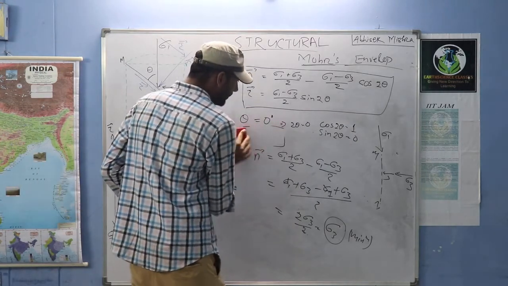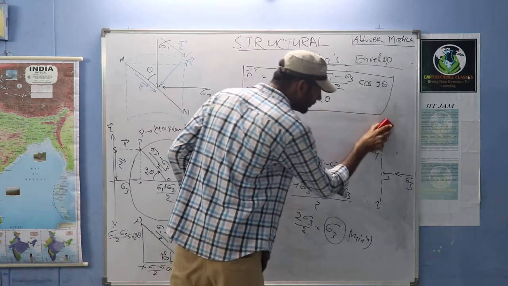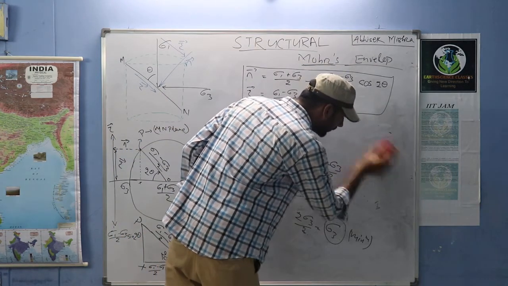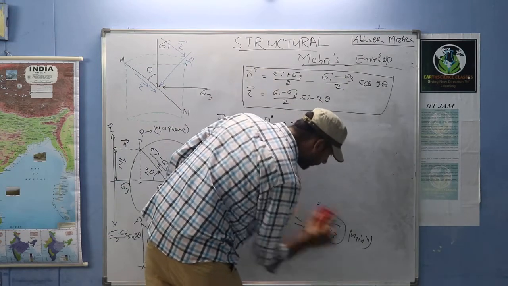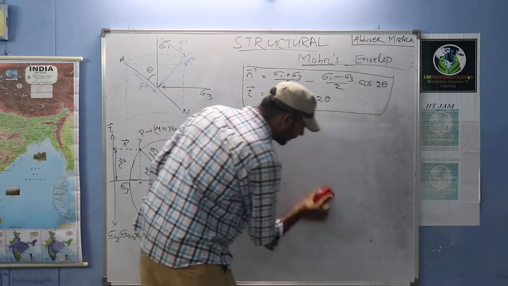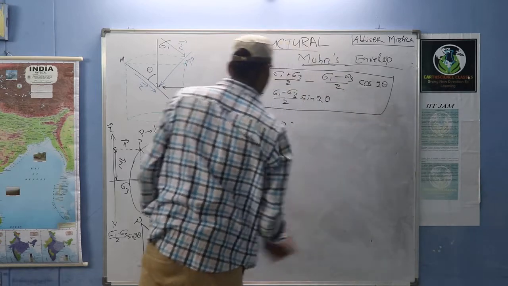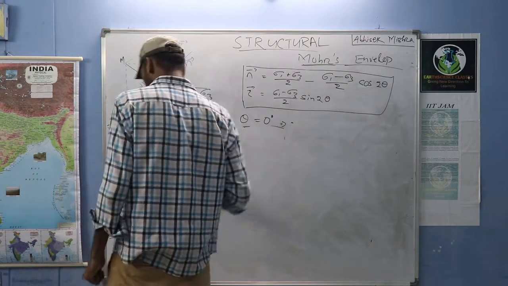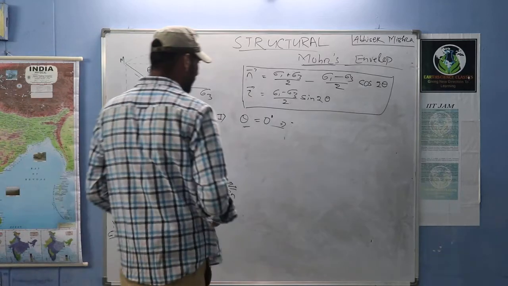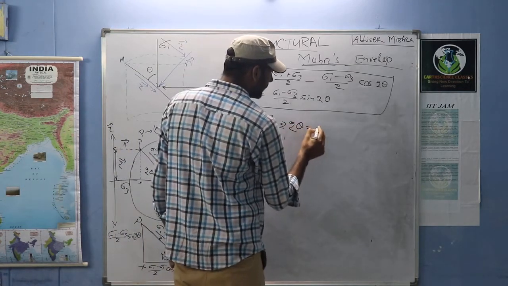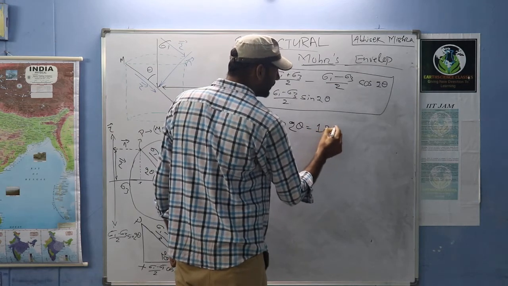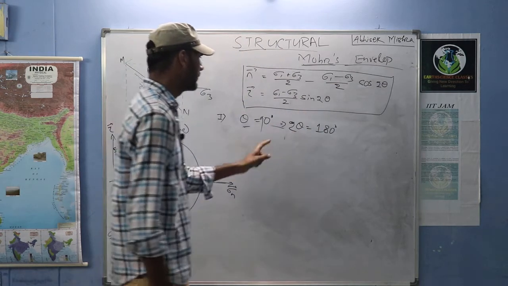Then the next condition, theta will be equal to 90 degree. Then 2 theta will be equal to 180. Okay, 2 theta is 180.